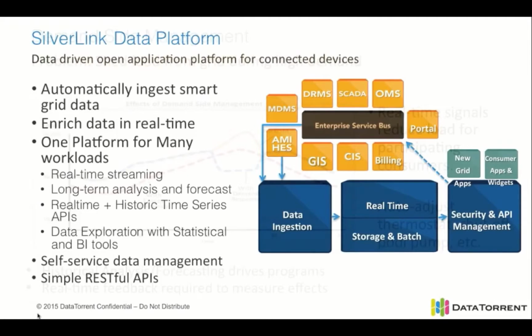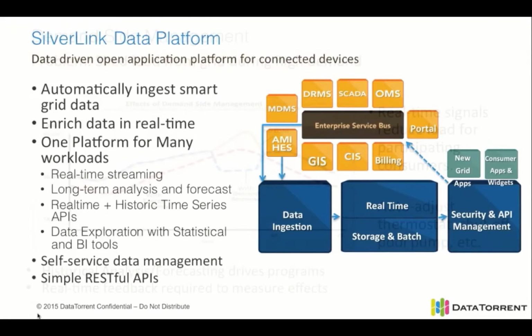And so that's where we turned to DataTorrent, and actually started the project with them on an enrichment process during data ingestion. And as Mike said, it also handles some of the ETL functions. So as we're enriching data, we're also transforming it and loading it into our batch layer so that we can handle a number of different workloads downstream.